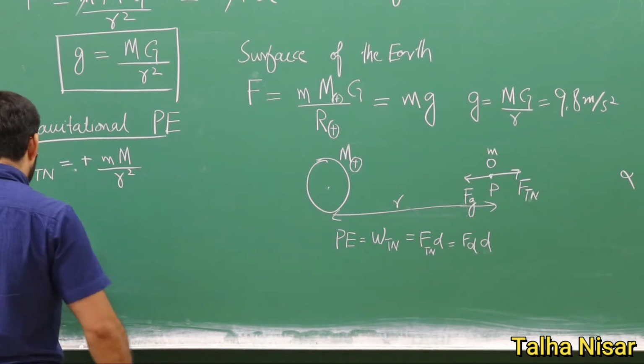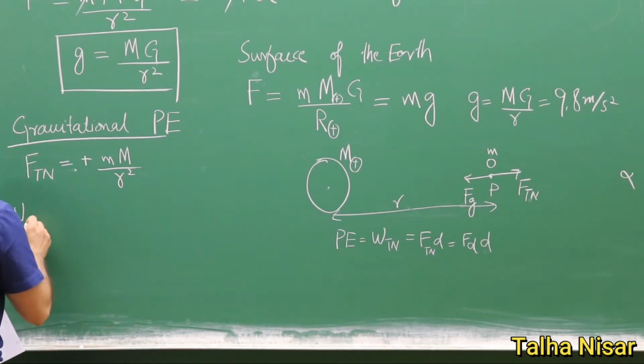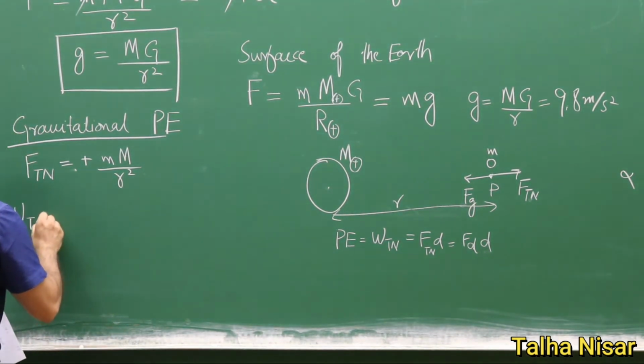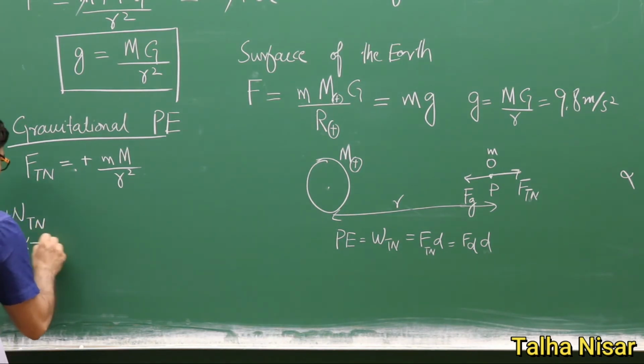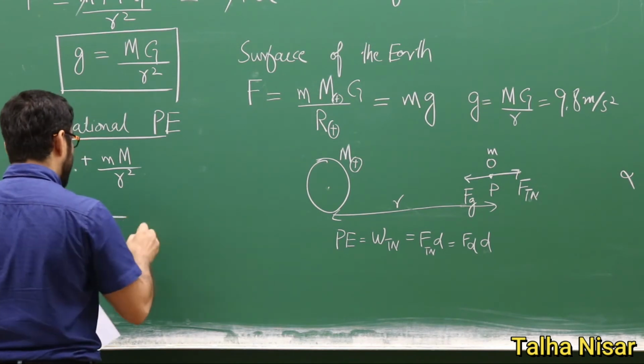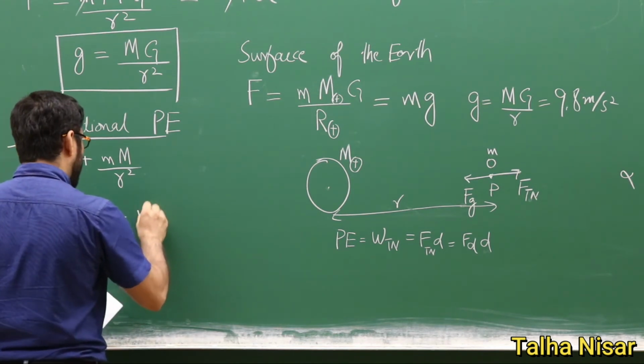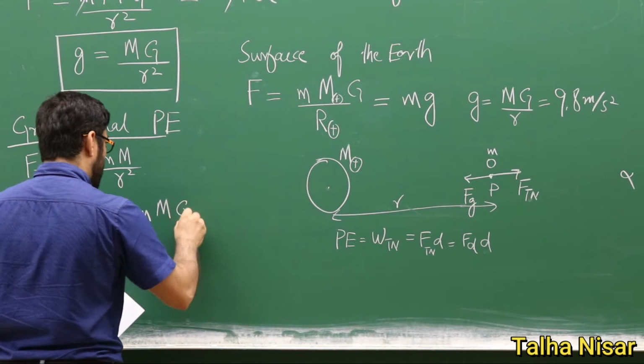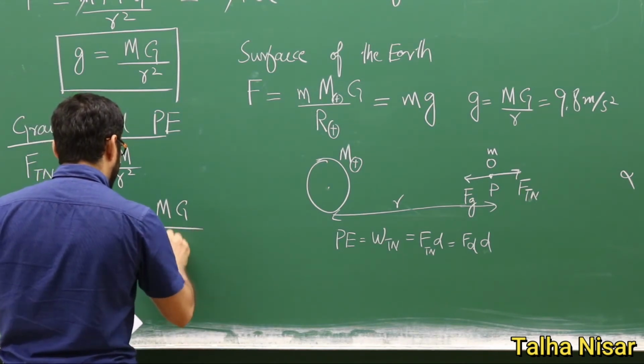And now the work done by Talha Nisar from infinity to point P is written as minus, since it's the opposite direction, we have the small m divided by r.